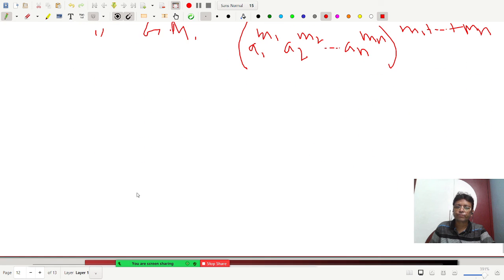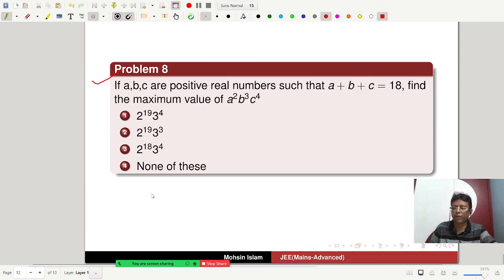Now how? Look at your problem. The first observation is that you have a plus b plus c equal to 18 and you have a squared. So I'm writing a by 2 into 2. If I take the number as a by 2 and the weight is 2, the 2 gets cancelled.